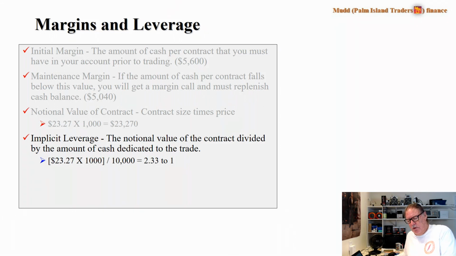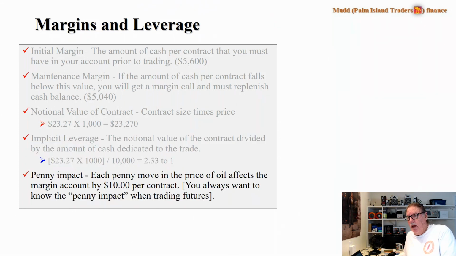then your implicit leverage in that trade is 2.33 to 1. And then finally, as I said before, the penny impact, or I sometimes call it the penny and point impact. Each penny move in the price of oil affects the margin account by $10 per contract.